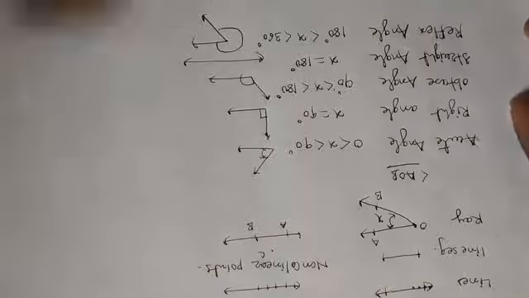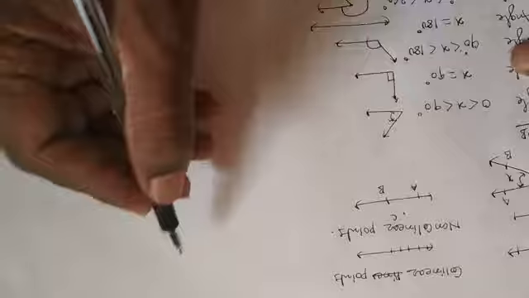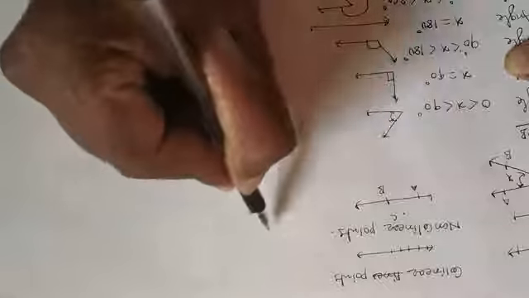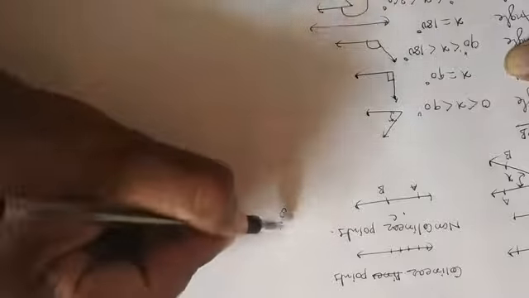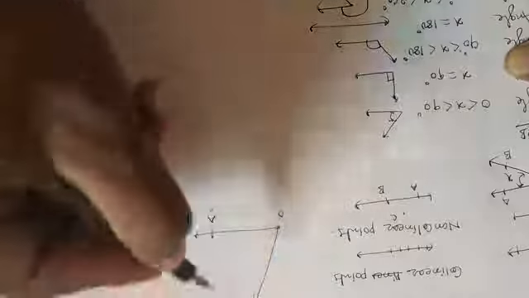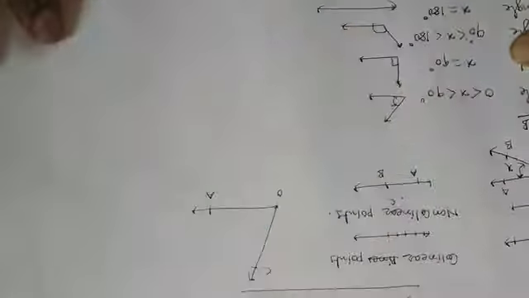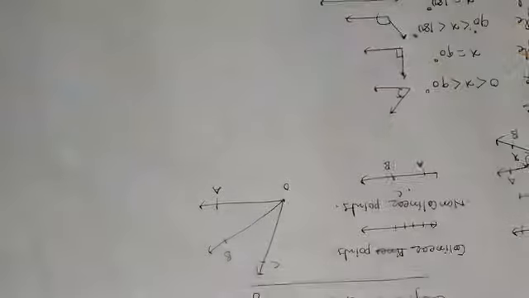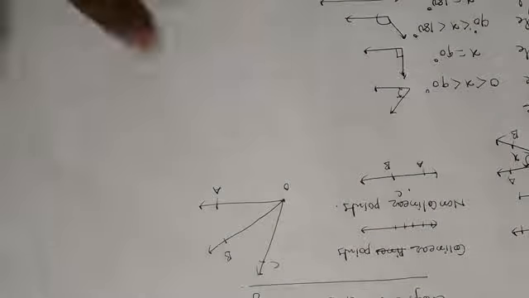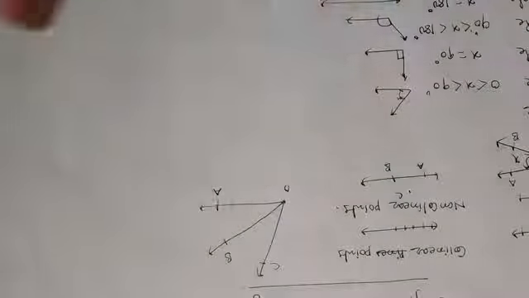Now, if two rays come together, suppose this ray OA and OC, with another ray OB as the third ray. So O is the co-initial point of OA, OB and OC.